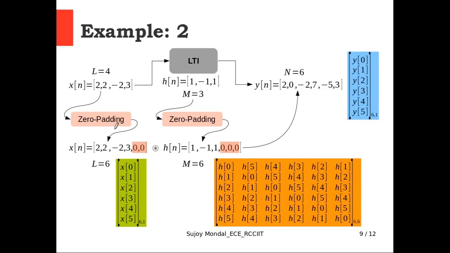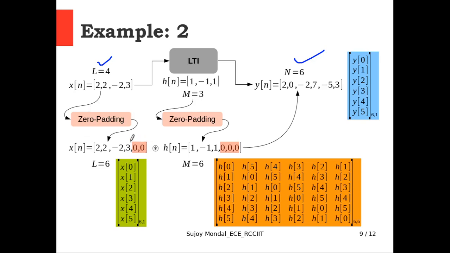What do we do? Basically we zero pad. How many zeros should I pad? Before that you have to calculate the expected number of output samples of the linear convolution. So 4 plus 3 minus 1, that is 6, is the output length. We have 4 samples, so 6 minus 4, 2 zeros we have to append at the end of the signal sequence.